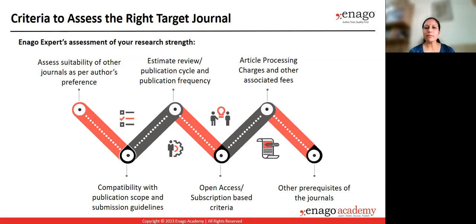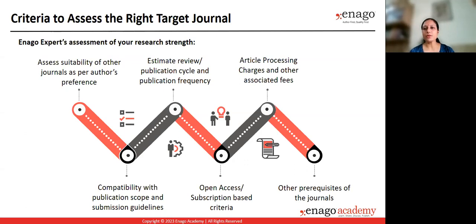Among the assessment parameters that the experts consider, there are the suitability of other journals as per the author's preference, the compatibility with the publication scope and the submission guidelines, an estimate of the peer review time on the publication cycle and the frequency, and whether the journals are open access or subscription based or both.